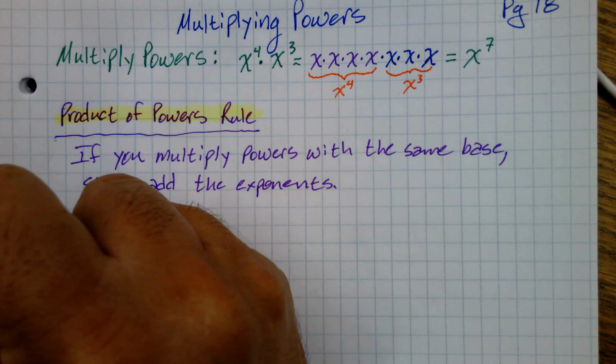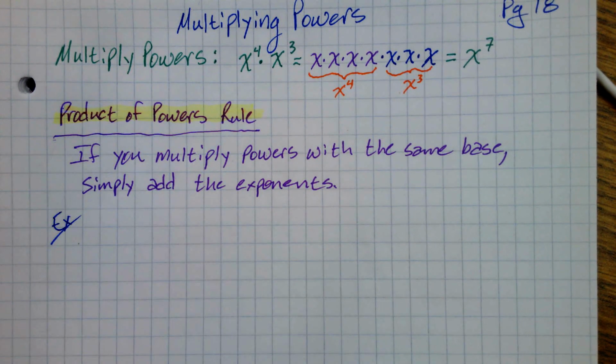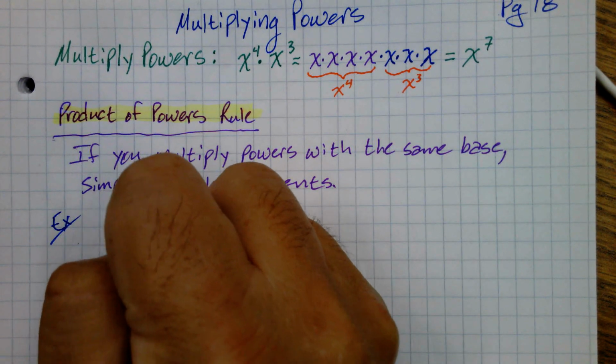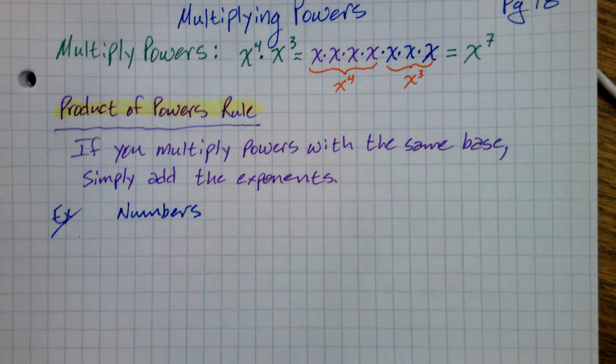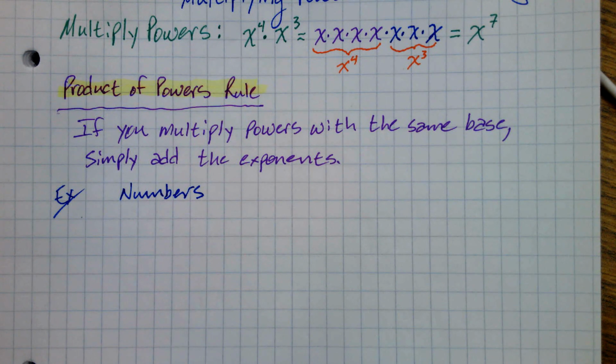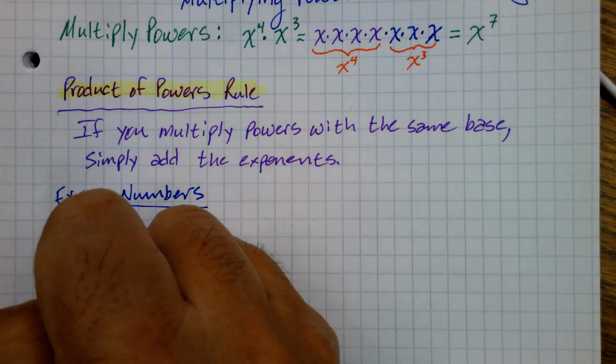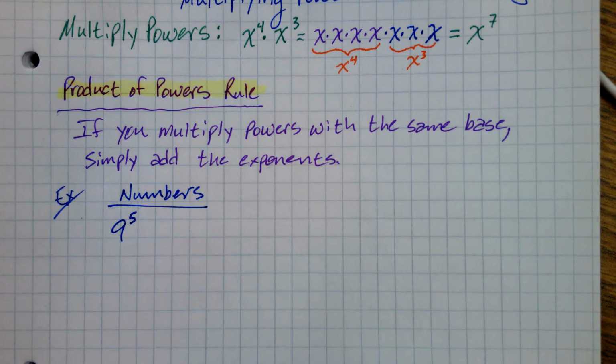Here's an example with numbers. Let's say I have 9 to the 5th power.